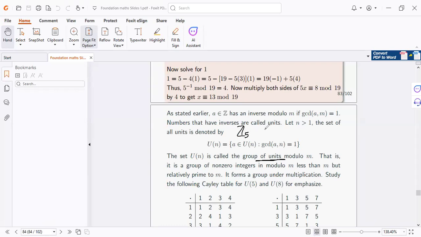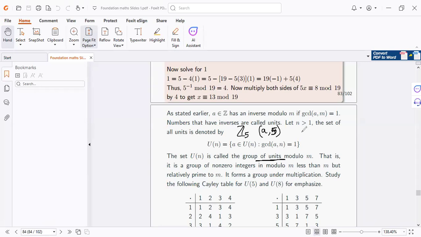Let me say, for instance, a is a unit in this group if a and m, and our m is 5 this time, have GCD 1. So a will be a unit here if the GCD of a and 5 is 1. And so we say that 1 here is a unit.